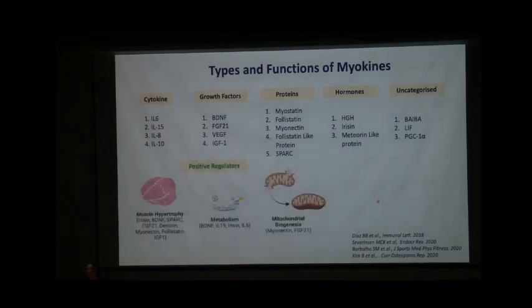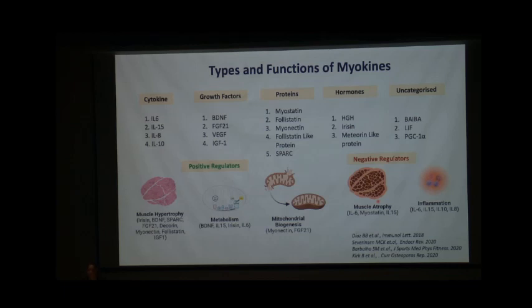Broadly, there are two categories: positive regulators and negative regulators. Basically, the good guys and the bad guys. Myokines are not always bad; they can also be good. Irisin, a hormone, brain-derived neurotrophic factor, decorin, and follistatin are categorized as positive regulators because they induce muscle hypertrophy, satellite cell proliferation in the muscle, and increase protein synthesis.